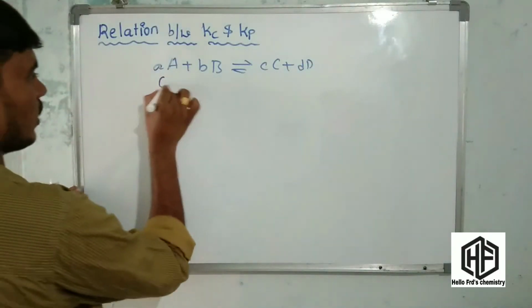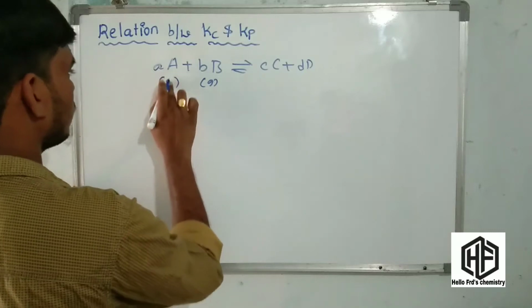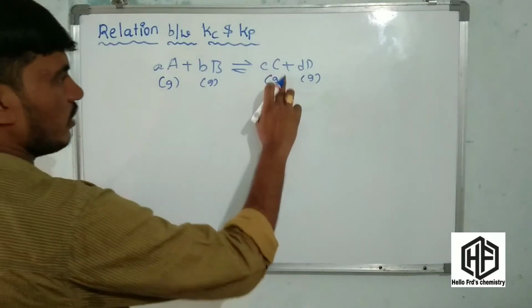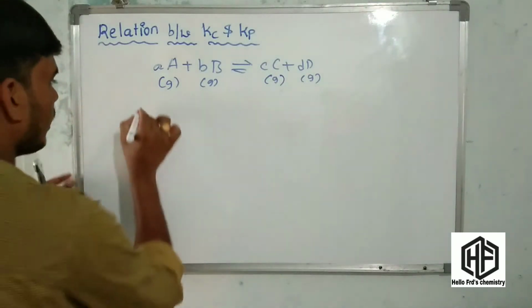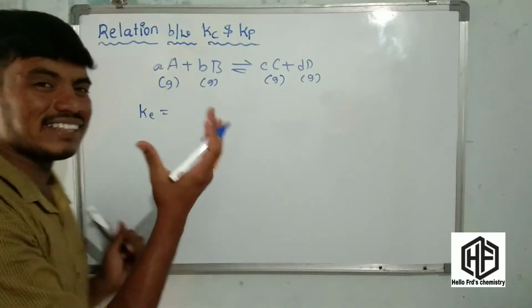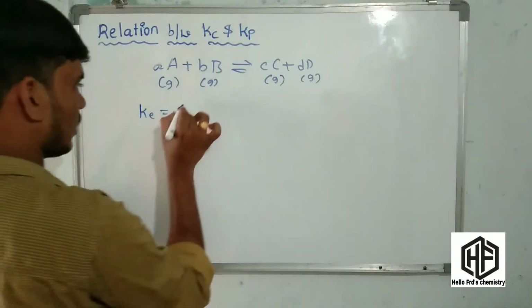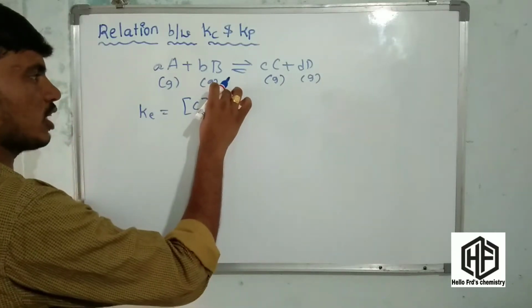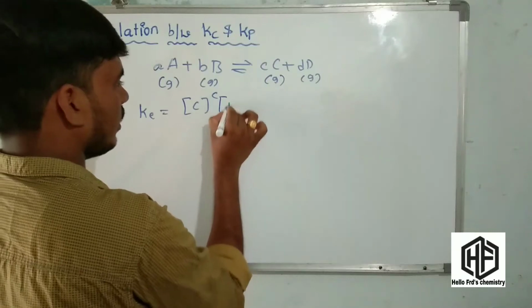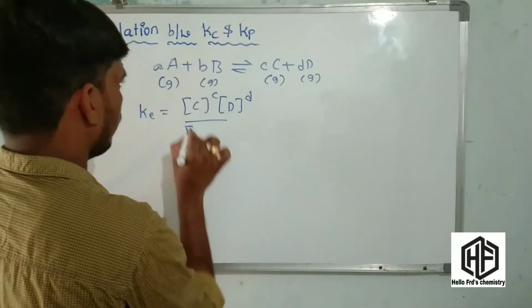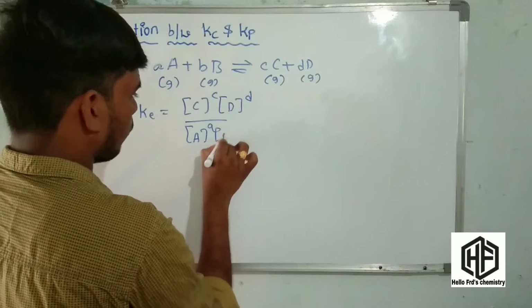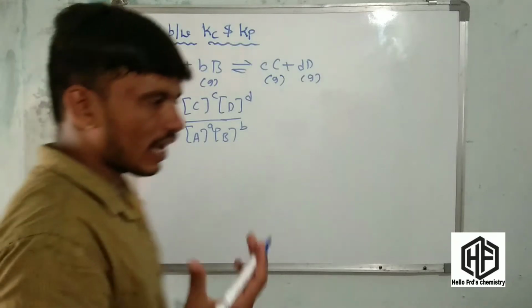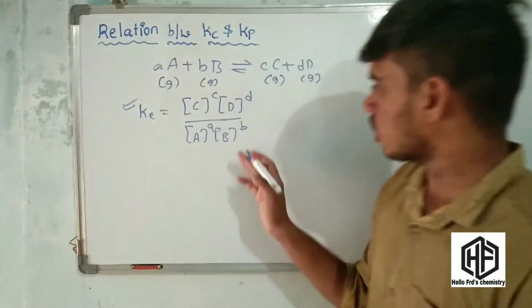This is the general reaction, and all are in the gaseous state. The equilibrium constant K equals the active mass of products divided by the active mass of reactants: C raised to the power c and D raised to the power d, divided by A raised to the power a and B raised to the power b.